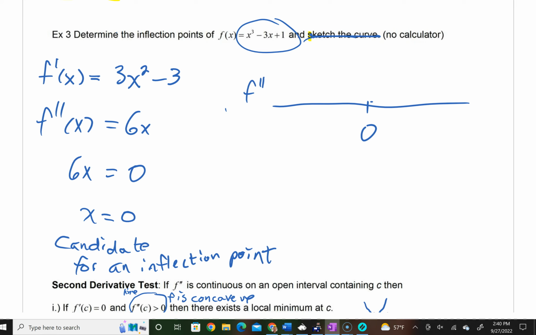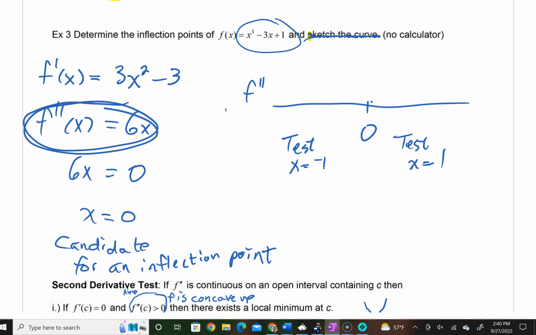You could say, well, I guess we're going to test. Less testing is easier. What might we test? Maybe test x equals -1, and maybe test x equals +1. And you know what you're testing? You're testing f double prime.